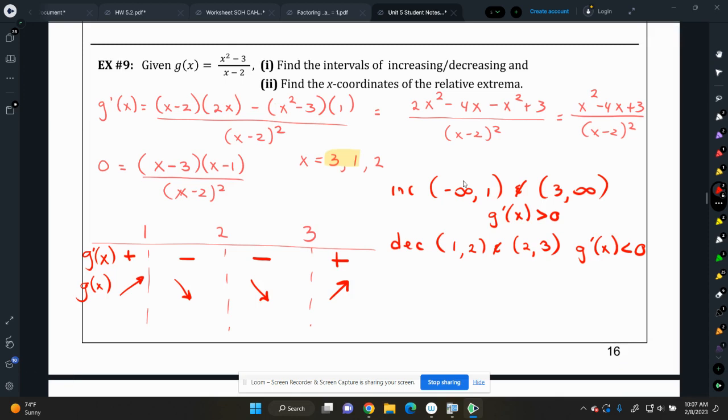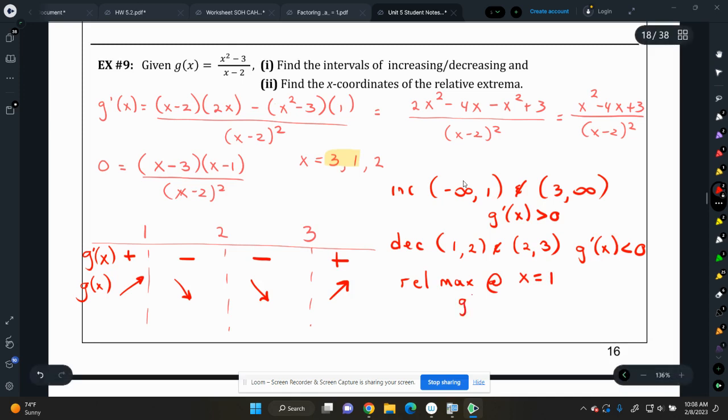And then it says find the x coordinates where it has relative maximum or relative extrema. So it has a relative max at x equals 1, and we can see by our arrows. We're going to state it, even though we feel like we stated it up here, because it has to be stated differently. We're not going to say g prime is greater than 0.